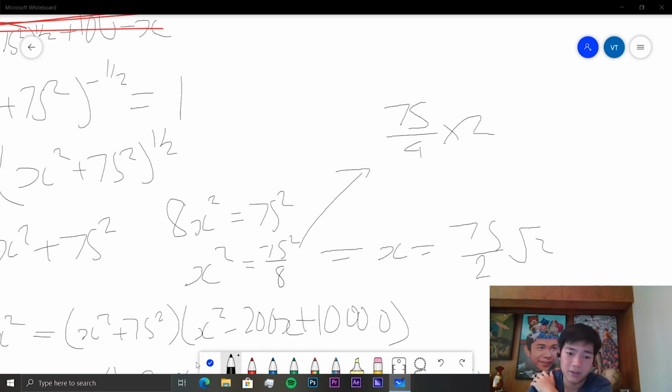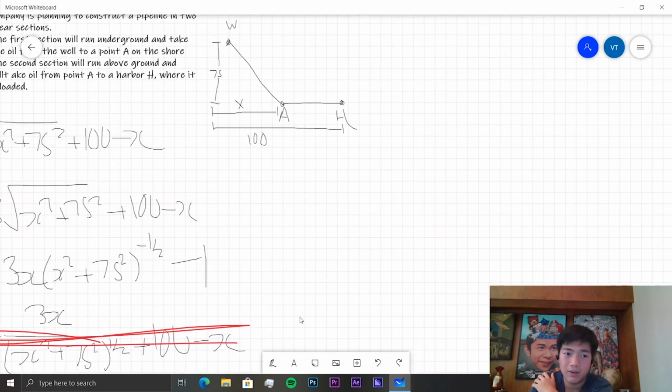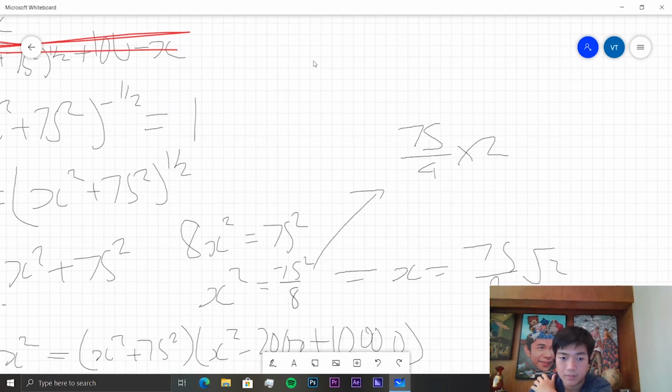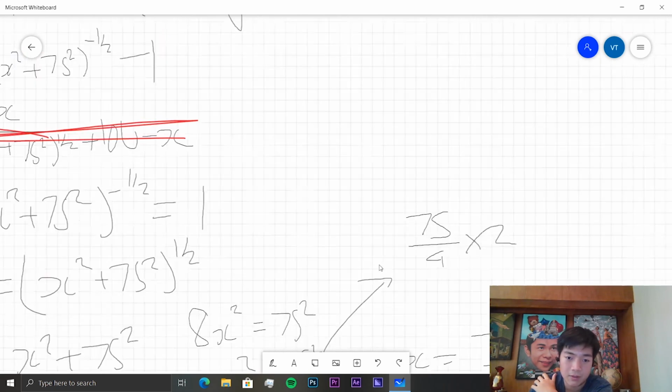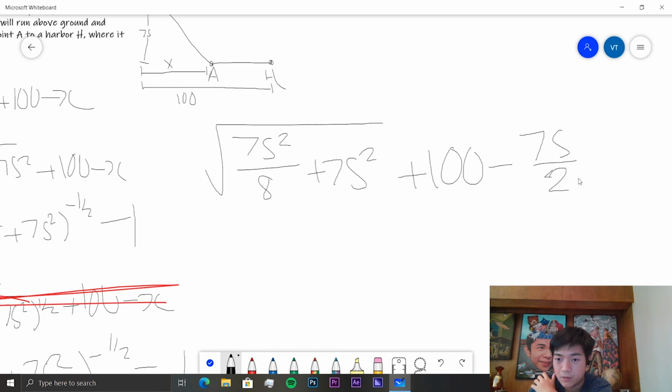So hence show the total length of the pipeline as 75. Find the total length of the pipeline. Okay, so this is simply, well, we know x squared equals 75 squared over 8, plus 75 squared, plus 100 minus 75 over 2 square root 2.